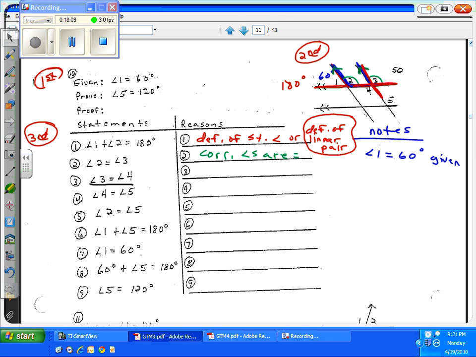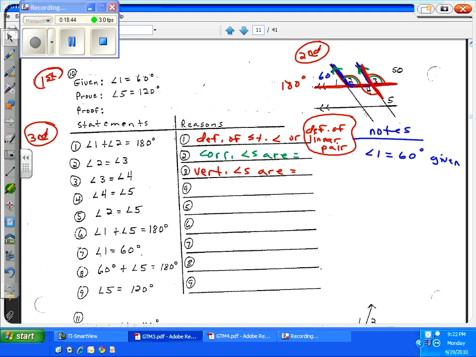We see an X. Those are angles opposite each other when two lines intersect. That's called vertical angles. And we know that vertical angles are equal. So we know that angle 2 is equal to angle 3, and angle 3 is equal to angle 4. And we go to the next statement.